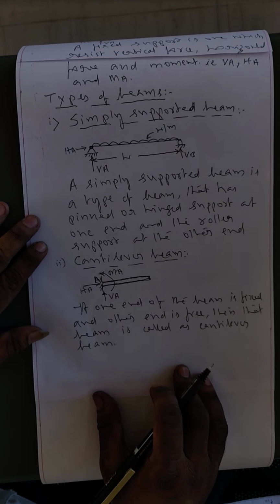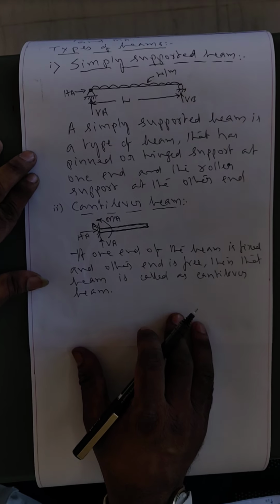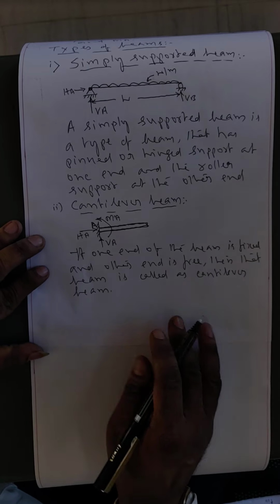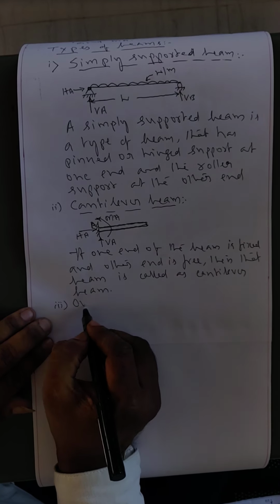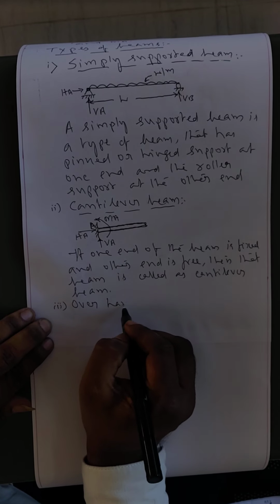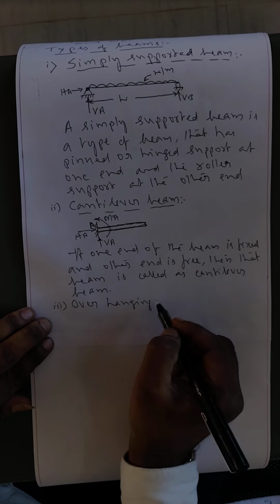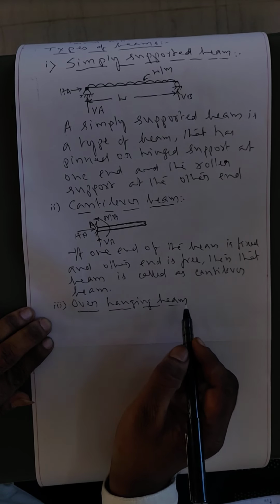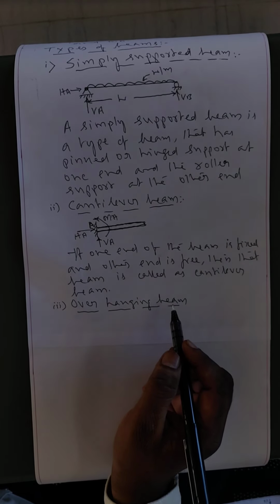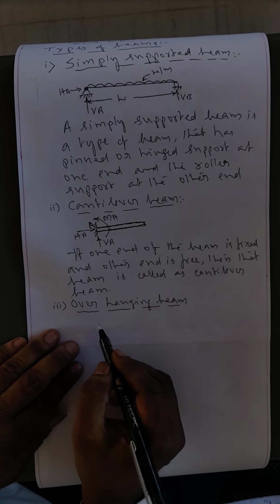Next we will see what is an overhanging beam. Third one is the overhanging beam. I will draw a figure here before explanation.